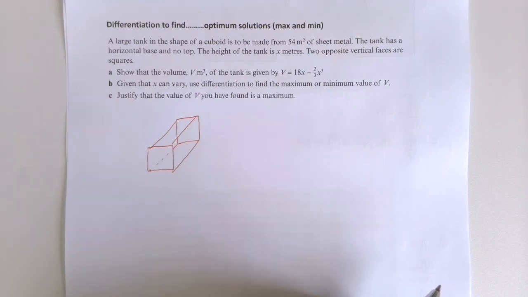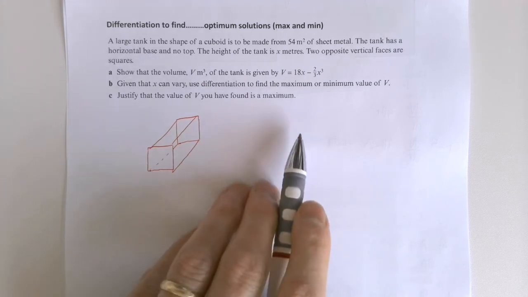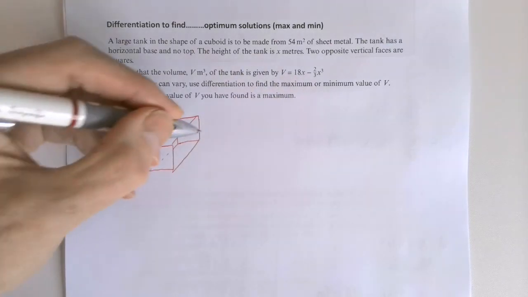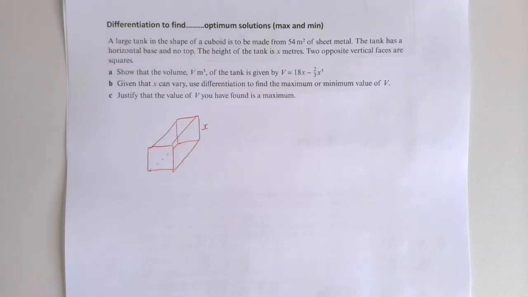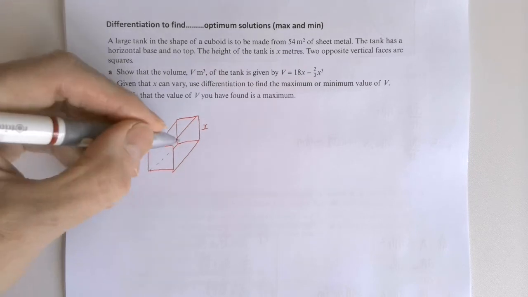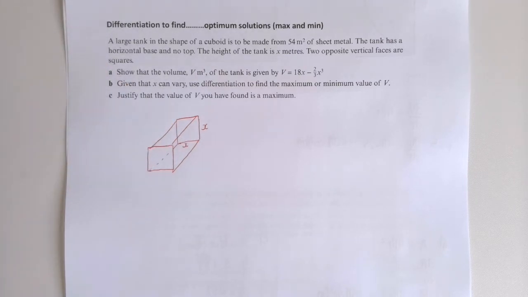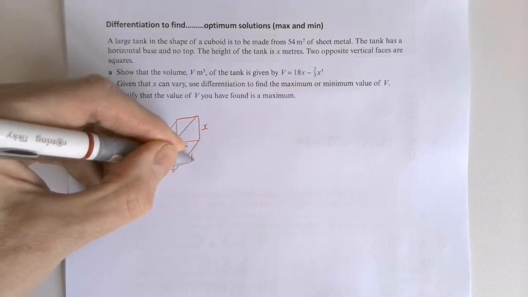Okay, so let's put in some dimensions. We are told about this value x, which is the height of the tank. Now, if the ends are square, then that means that the width of the tank, or whatever you want to call that dimension, is also x. And so the only other dimension is length.